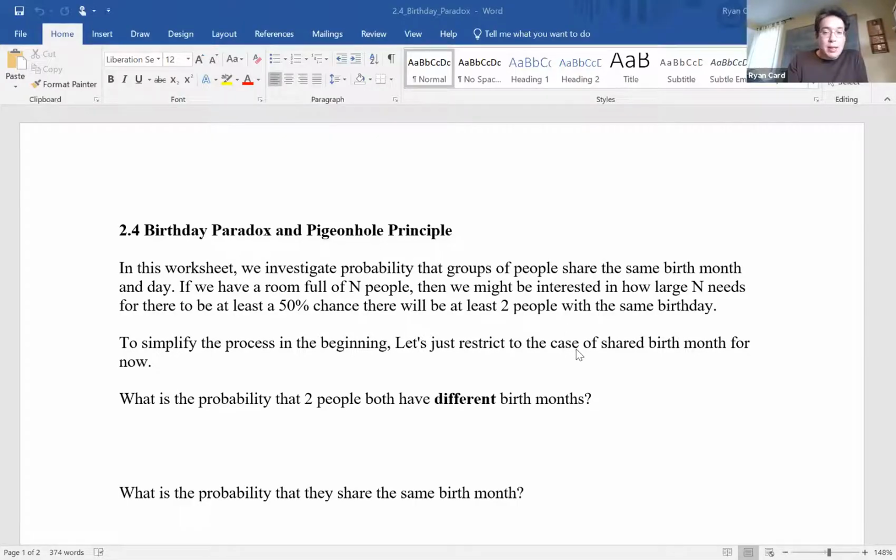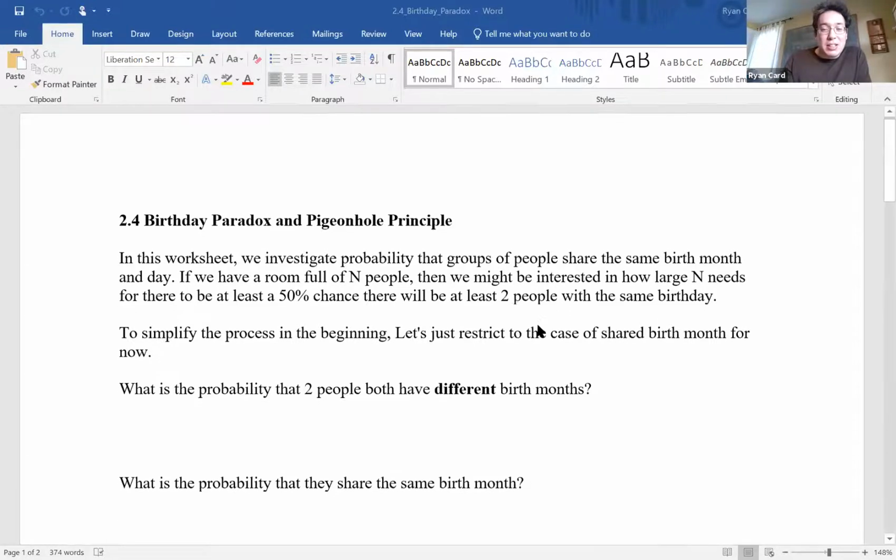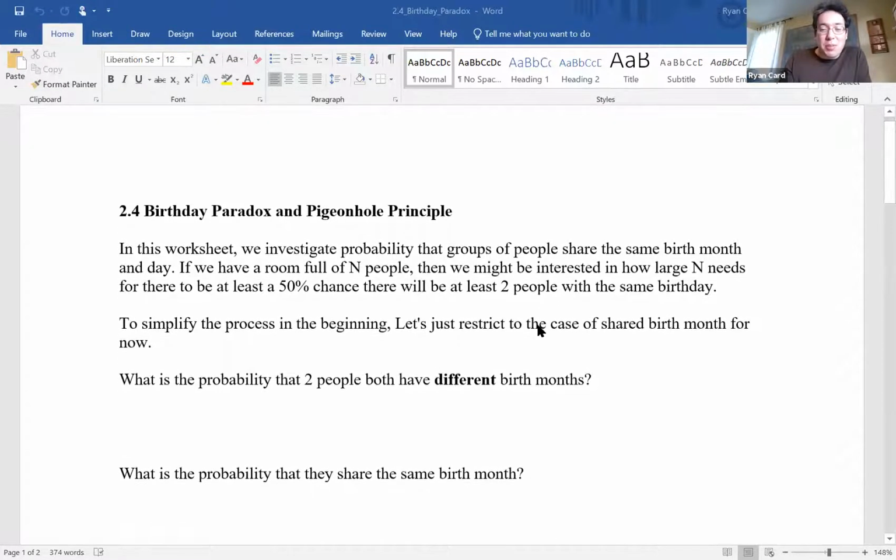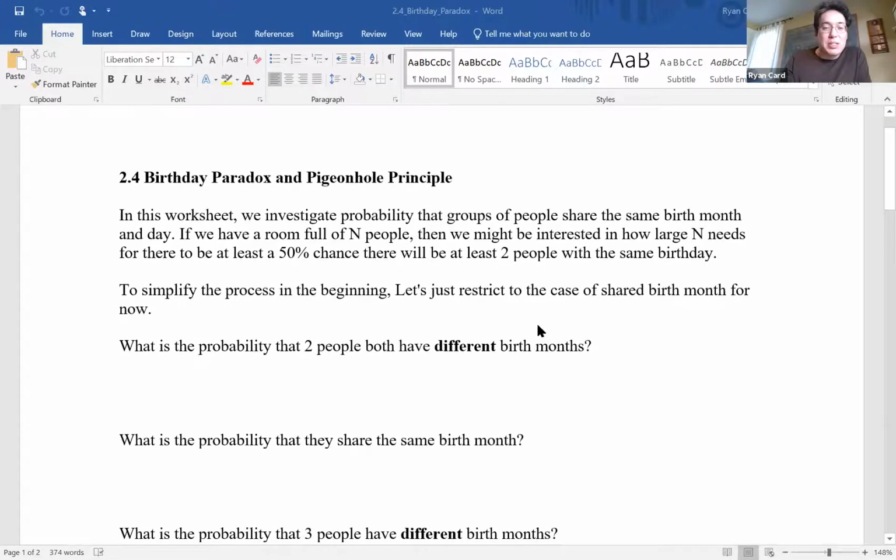Usually if we're meeting in person, we'll do this in a classroom. Let's actually compute how to get this. To simplify the process a little bit, we're going to do it with birth month first, and then you can compute how many people it would take to share a birthday later.